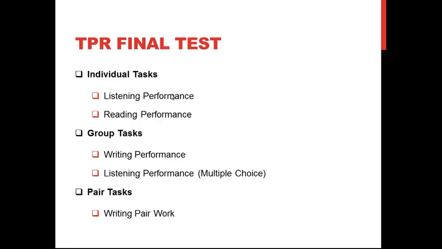Something you could do as well is call everybody to come in the first day, and then you do the group tasks with everybody: the writing performance and the listening performance multiple choice. For this one, you just give them the sheets and call out, and they mark. For the writing performance, you give them the sheets, and they write what they see on the paper. So everybody can be doing this together in the classroom.